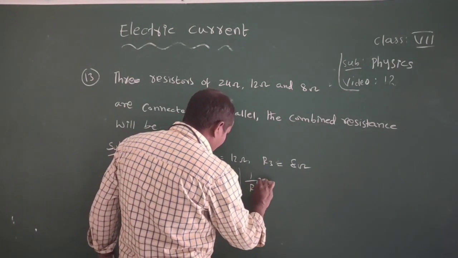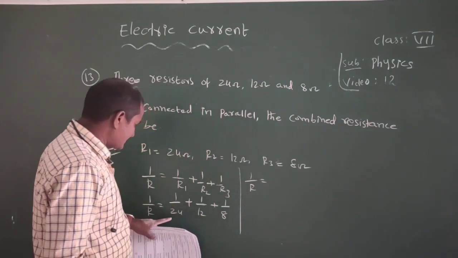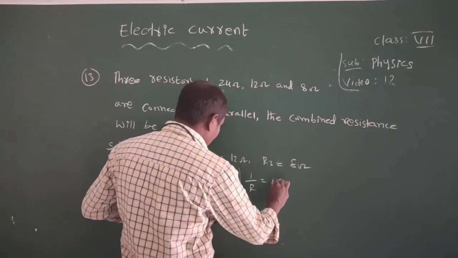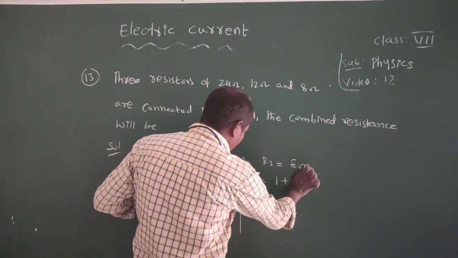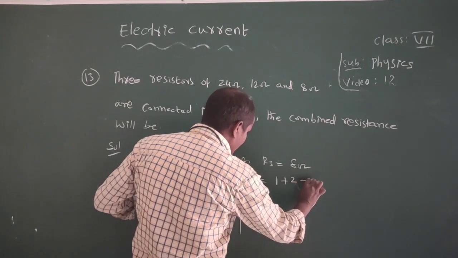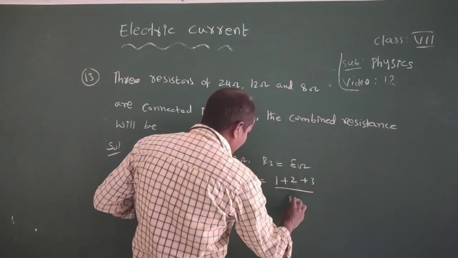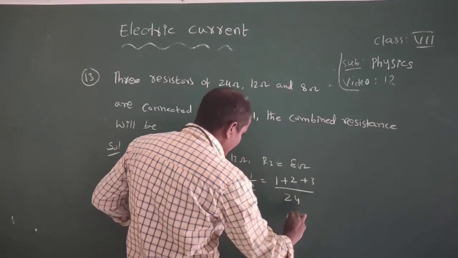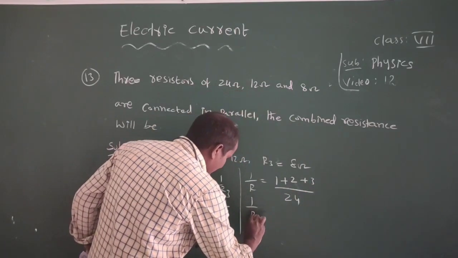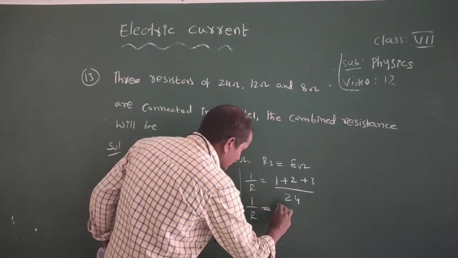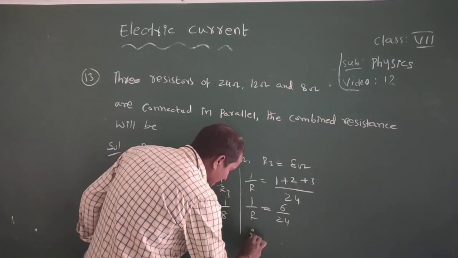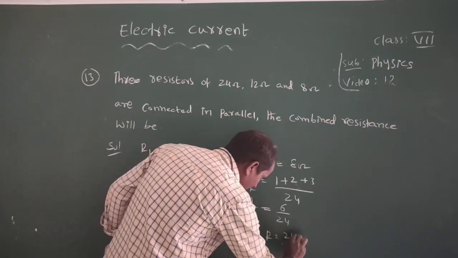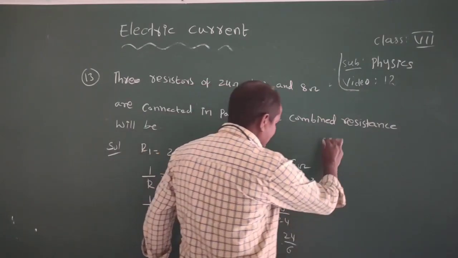So 1 by R equal to 1 plus 2 plus 3 by 24, that equal to 1 by R equal to 6 by 24.